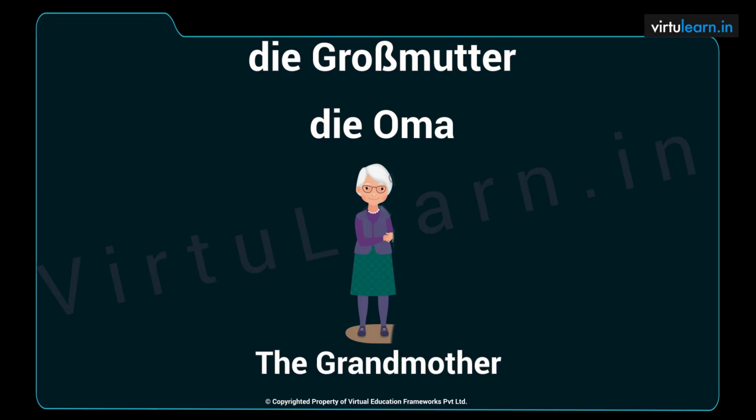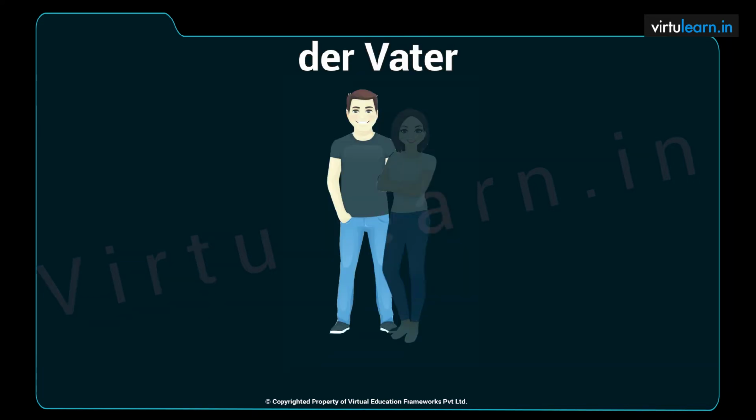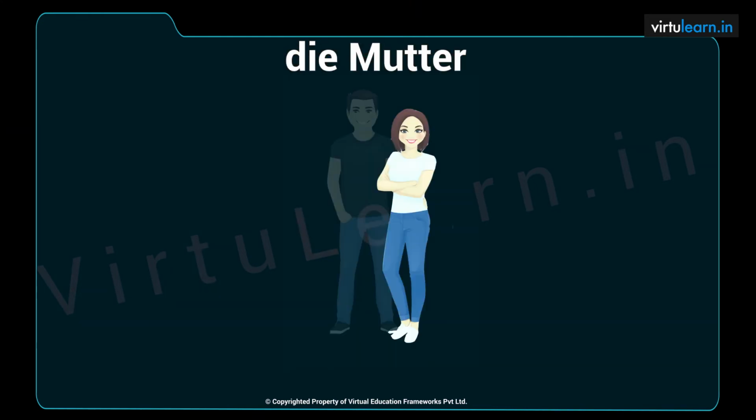Next is die Eltern, parents. Again here, parents is more than one person. So, die Eltern, the plural word. Under the parents are der Vater, the father, die Mutter, the mother.